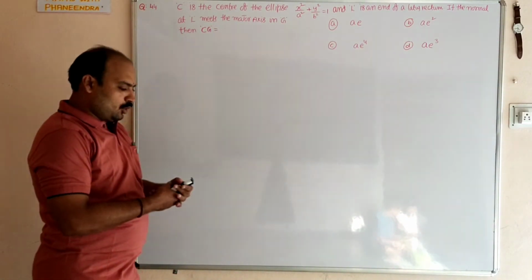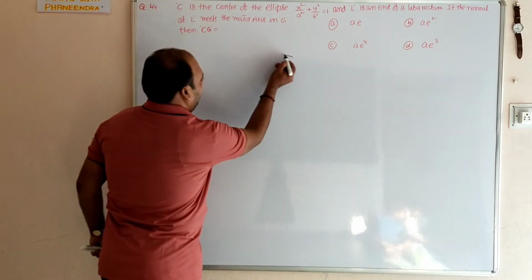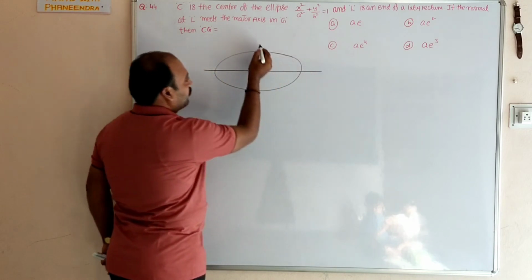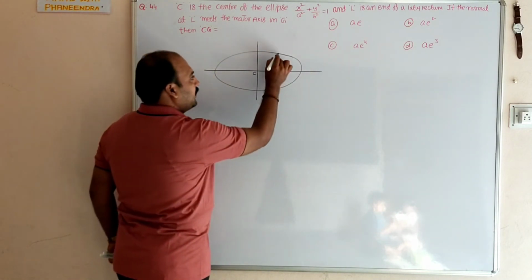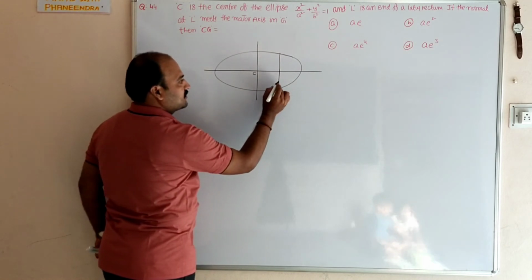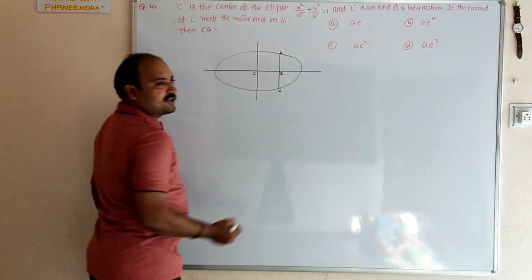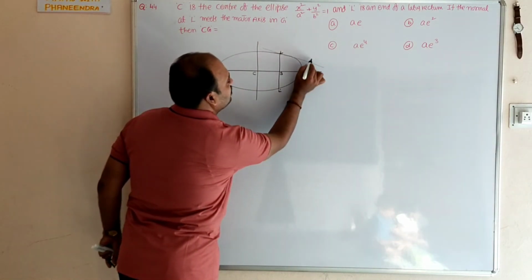First you have to draw a rough figure, then you will get an idea. This is the ellipse figure, this is the center of the ellipse, and this is the latus rectum. L and L dash are the ends of the latus rectum. This is the tangent.